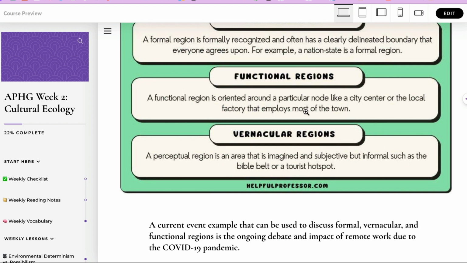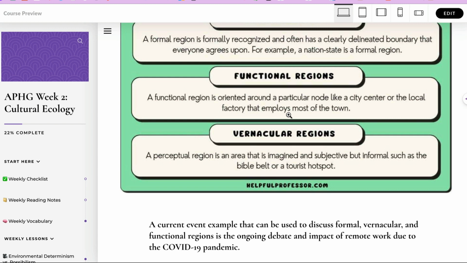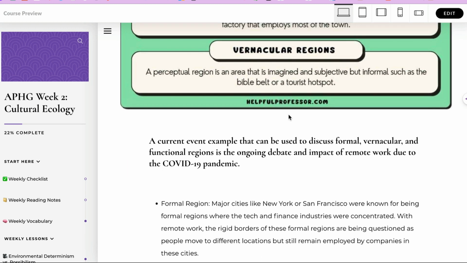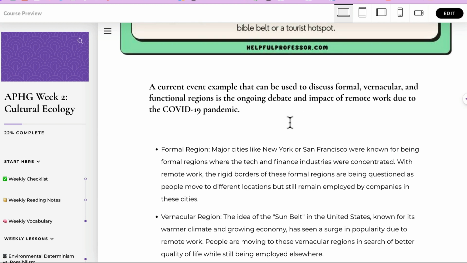Functional region: nodes such as a city center or local factory, and then the functional region would be the employees, or whatever area is affected by that node. Vernacular, also sometimes called perceptual regions, is very subjective and informal, such as the Bible Belt or a tourist hotspot.